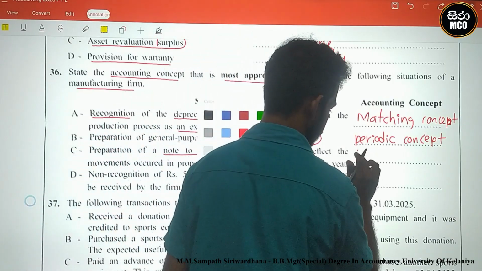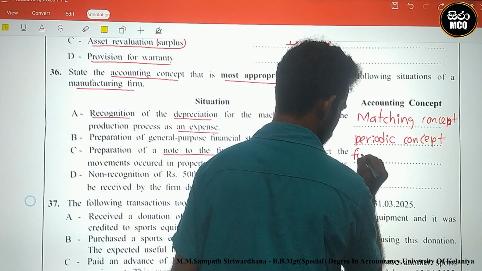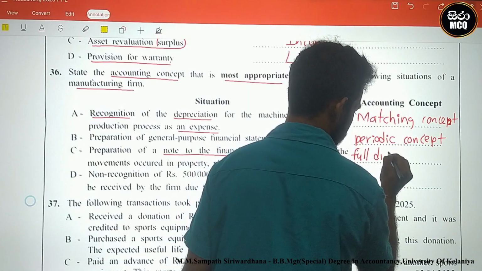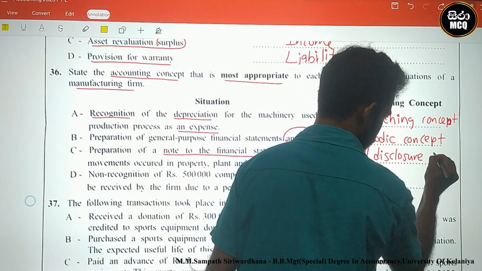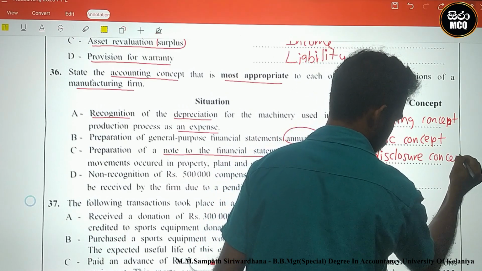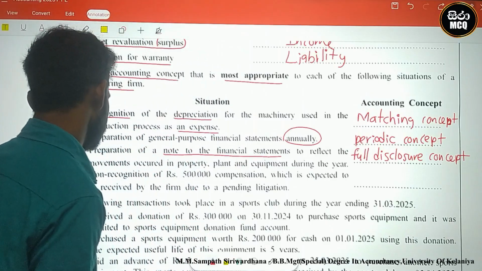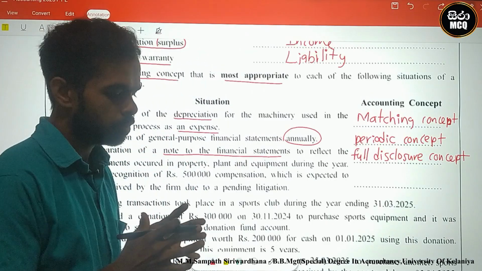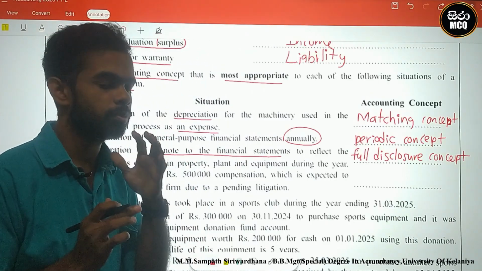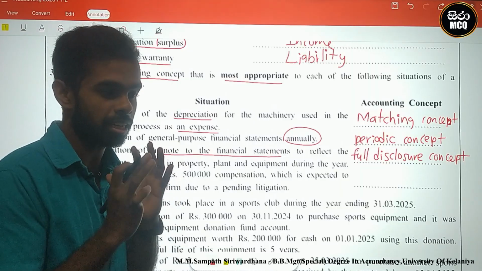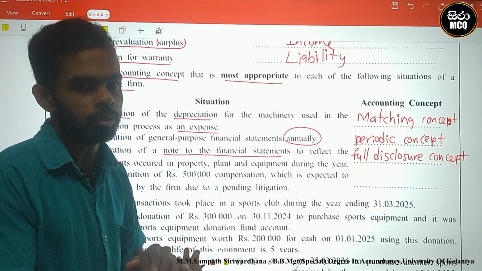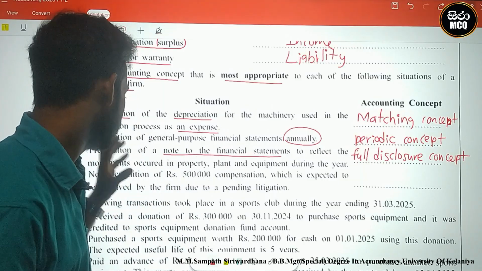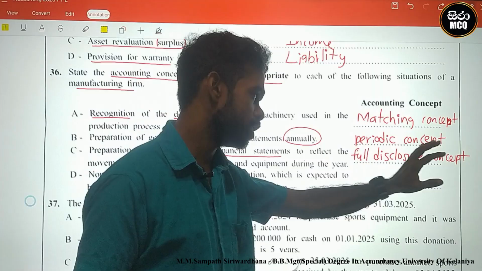Full disclosure concept. Okay, next one. There is property, plant and equipment. All transactions are disclosed to stakeholders. Therefore, we must identify it as the full disclosure concept.